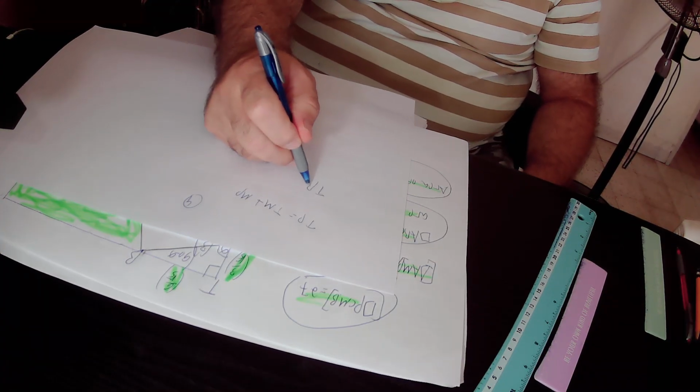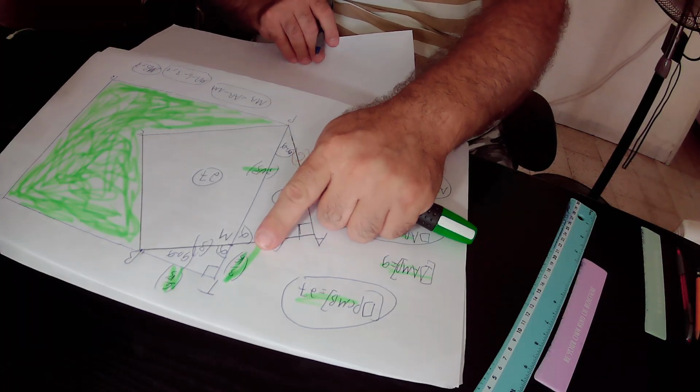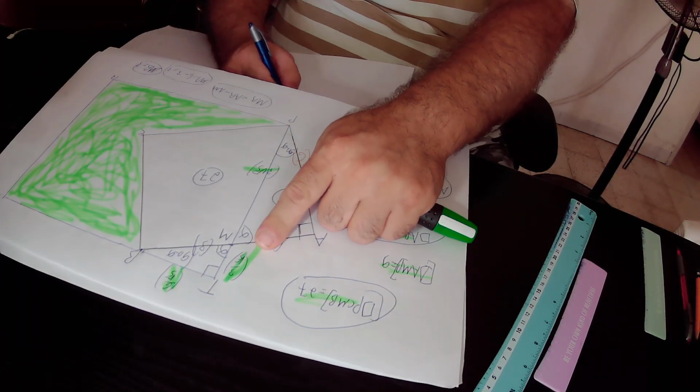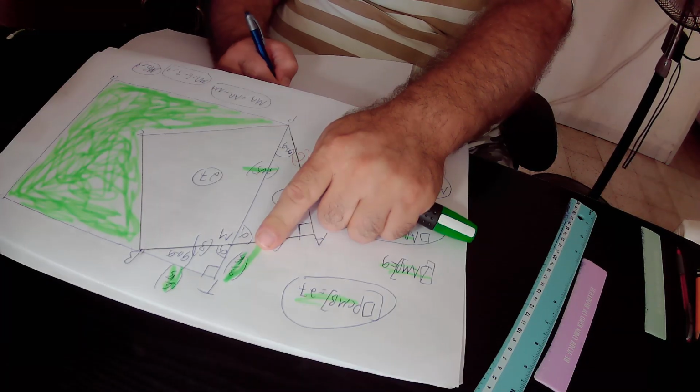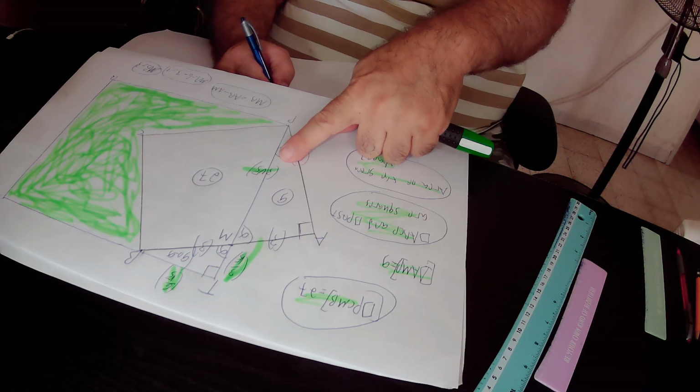So TP in total equals TM. TM is 3 over square root of 5, plus MP. MP equals 3 times square root of 5.